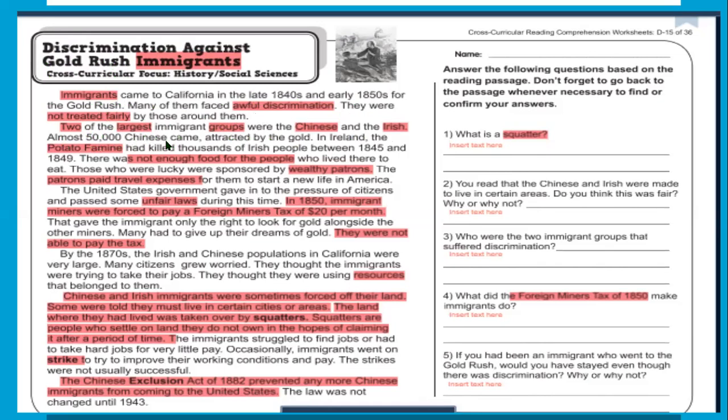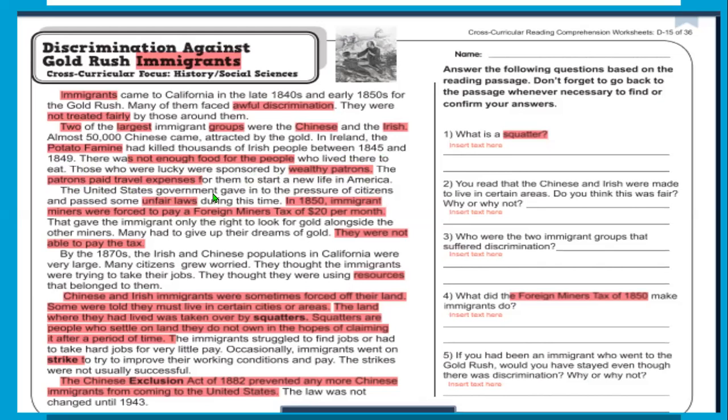Almost 50,000 Chinese came, attracted by the gold. In Ireland, the potato famine had killed thousands of Irish people between 1845 and 1849. There was not enough food for the people who lived there to eat. Those who were lucky were sponsored by wealthy patrons. The patrons paid travel expenses for them to start a new life in America.